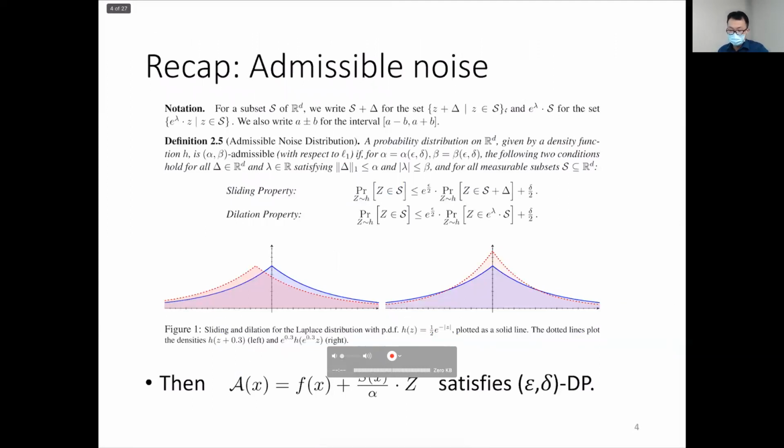Okay, so we talk about what noise is admissible to use for the smooth sensitivity framework. We require that the noise satisfies two properties, the sliding property and the dilation property. The sliding property effectively says that if you translate the noise distribution, or slide it across its domain, by some bounded delta in any direction, then it satisfies this epsilon-delta indistinguishability property, that is, epsilon-delta DP.